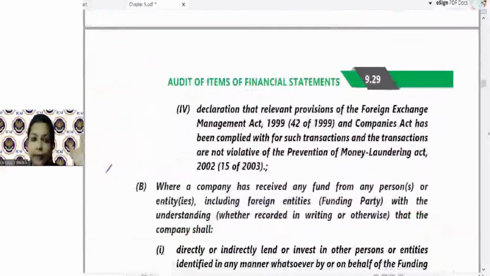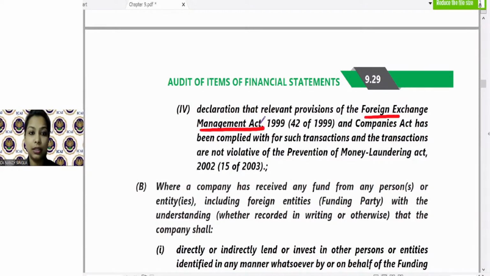Fourth point says that, see students, when the funds are transferred from one country to other, so FEMA, Foreign Exchange Management Act लग जाता है। ठीक है? So I gave you example of Mauritius, है ना? Also, when the funds are transferred from one place to another, तो Prevention of Money Laundering Act is also applicable. देखो money laundering क्या होता है?